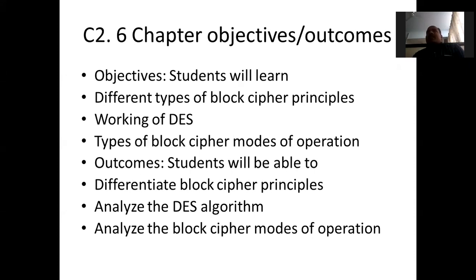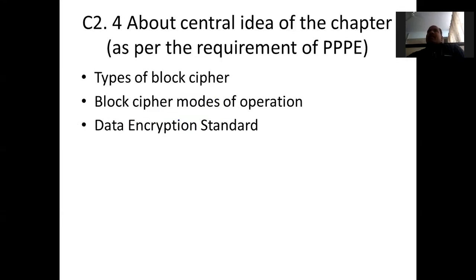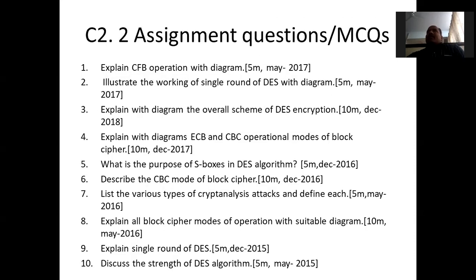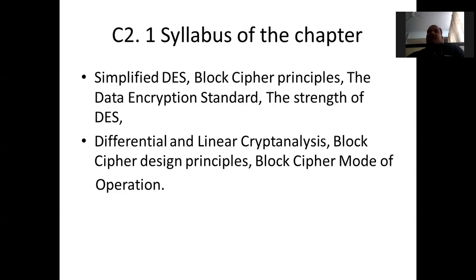And the outcomes are that students will be able to differentiate block cipher principles, students will be able to analyze the DES algorithm, and students will be able to analyze the block cipher modes of operation. These are all the points regarding chapter number 2 here.